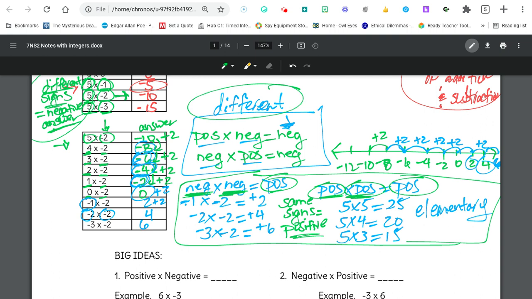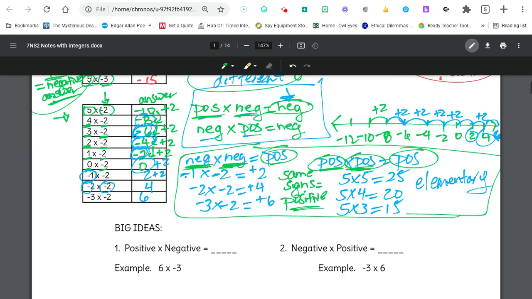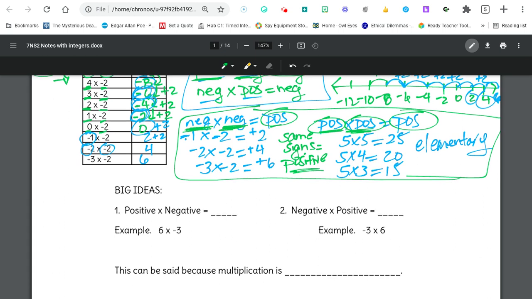But look up here, when the numbers in my problem had different signs, I got a negative. But when the numbers in my problem had the same sign, I got a positive. Those are the rules for multiplication and division, guys. So let's take a look. A positive times a negative ended up being a negative.